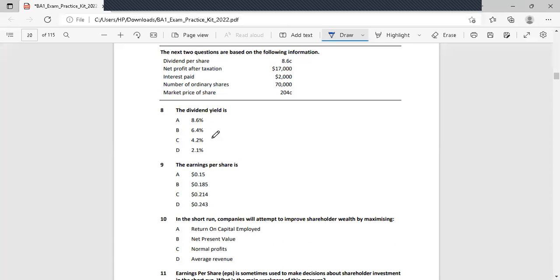Since we already know what earnings per share is, we can straight away start calculating it with the information available with us.